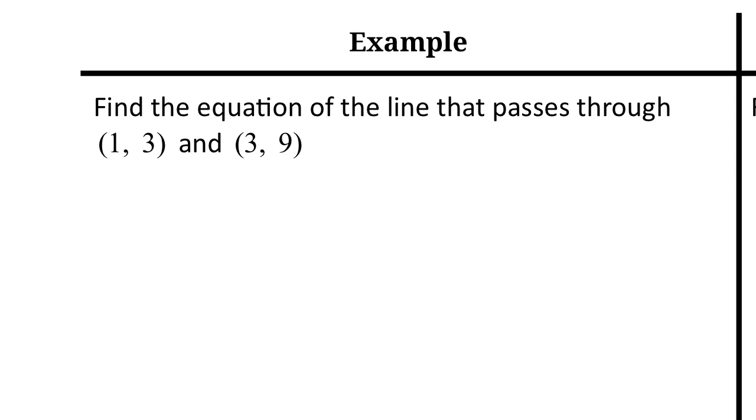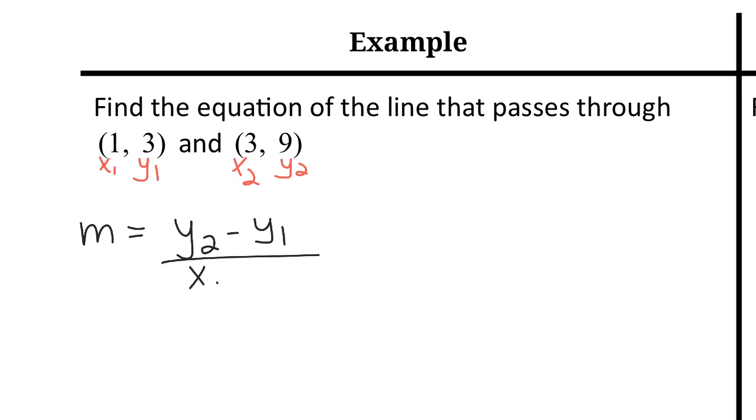So let's try it out with this example. We need to find the equation of the line that passes through the points (1, 3) and (3, 9). The first thing you want to do with your 2 given points is label them. So I'm going to label the point (1, 3) as x1, y1, and the point (3, 9) as x2, y2. These are the numbers that I'm then going to plug into my slope equation: y2 minus y1 divided by x2 minus x1.